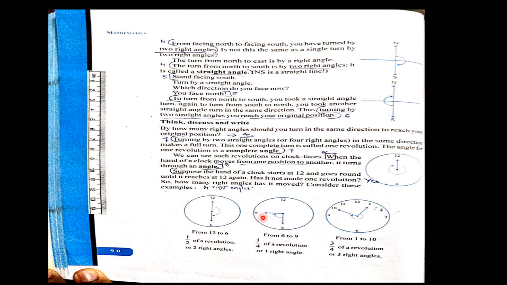From 6 to 9, which angle is it completing? It is completing one right angle, and this right angle we can say is 1/4 of a revolution. So one right angle is 1/4 of a revolution. 2 right angles or a straight angle, we say half of a revolution.